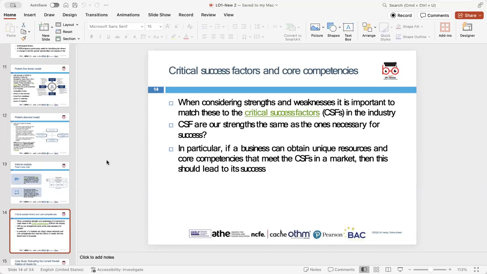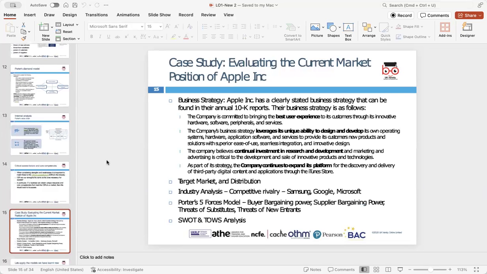Core competencies are unique capabilities that provide a competitive advantage. Organizations that possess core competencies relevant to the CSF in their industries are more likely to succeed.